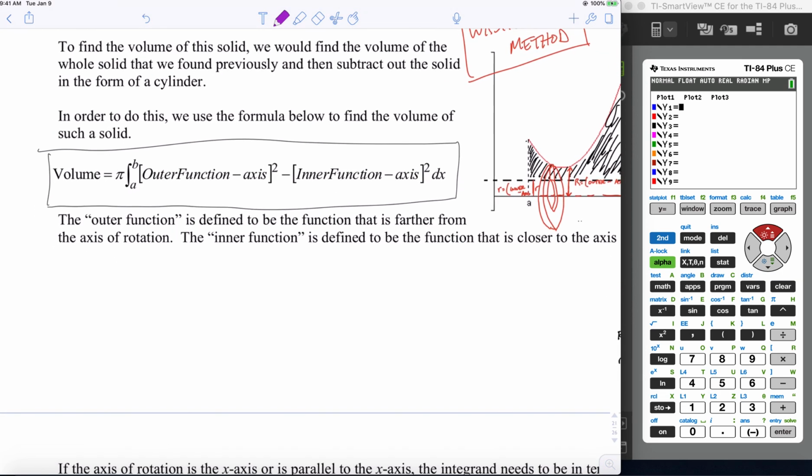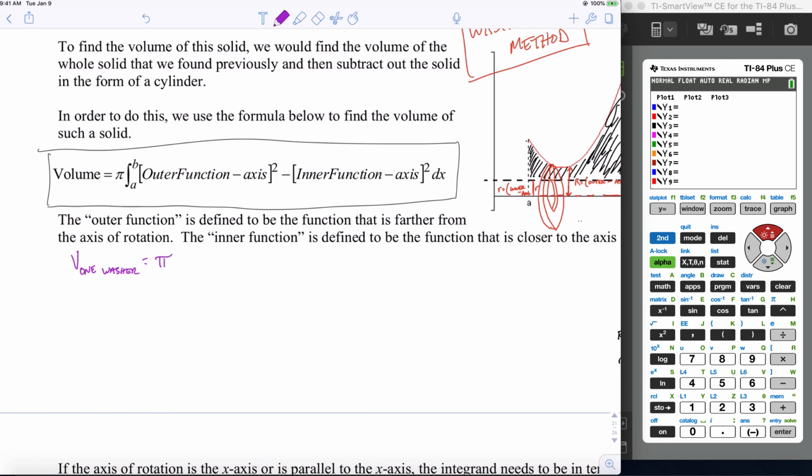Let's see where it comes from. Let's look at the parts. What we want to do is find the volume of one disk, and then we're going to sum up all the disks. The volume of our outer disk is going to be pi capital R squared times our height, which we'll call delta x. So we're going to just do the volume of one washer.